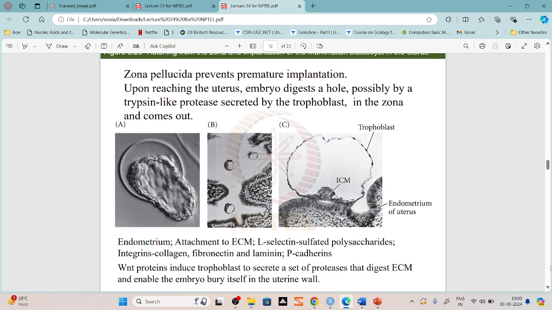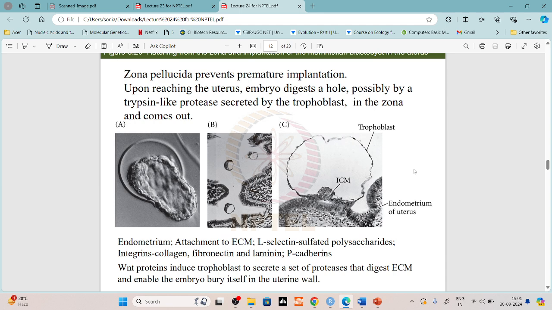And in this process, many kinds of signaling happen, and many kinds of cadherins are involved. Cadherins help in adhesion. Many kinds of pathways such as the Wnt signaling pathway also work over here. Wnt proteins induce the trophoblast to secrete a set of proteases that digest the extracellular matrix and enable the embryo to bury itself in the uterine walls.